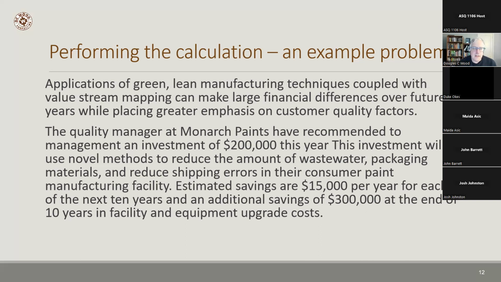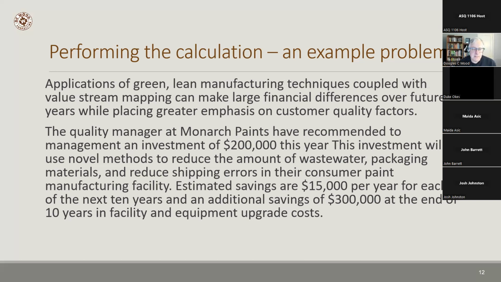So the quality manager at Monarch Paint has recommended to management that by investing $200,000 this year, this investment will use some new techniques and reduce the amount of wastewater and packaging materials, and also reduce shipping errors in the consumer paint manufacturing.